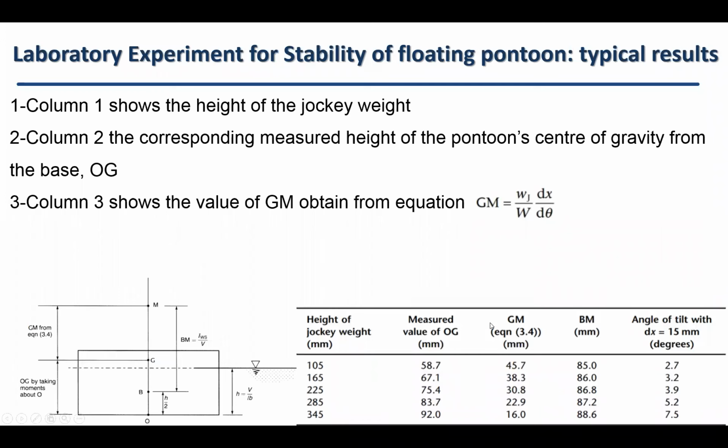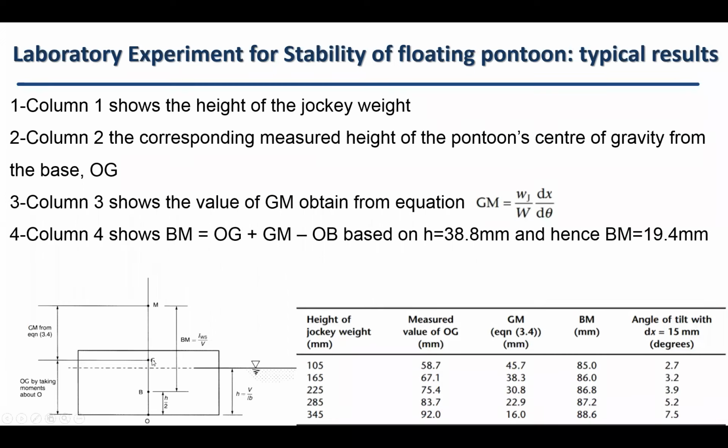And column 4, for example, you need to calculate the BM. The BM in this figure is obtained if you have OG in column 2, GM in column 3, and OB is half of the depth of immersion. How can we calculate the depth of immersion here?